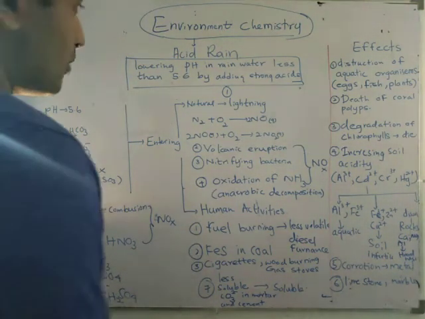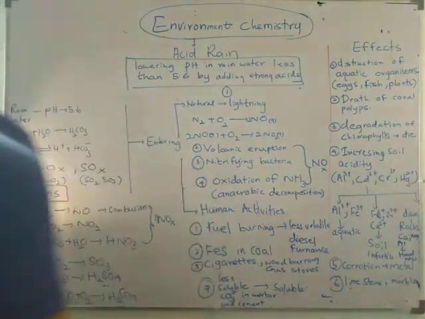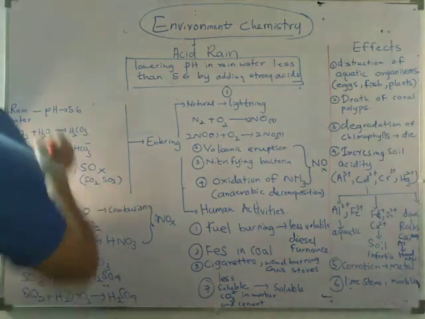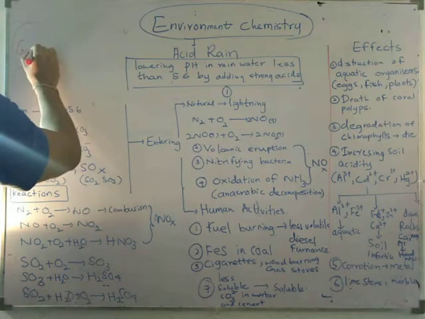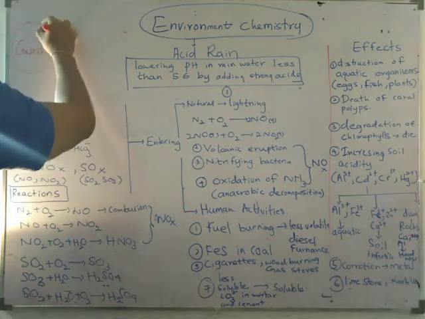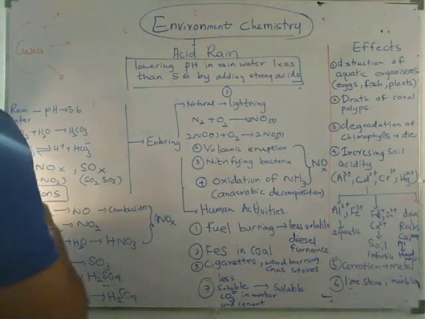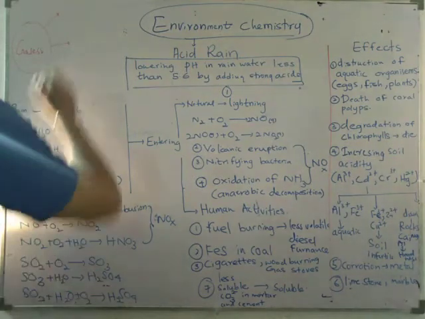If you come to acid rains, before going for that, first of all tell me, if you come to the air pollution, you know that air pollution can be caused by three types of gases. What's the first one?